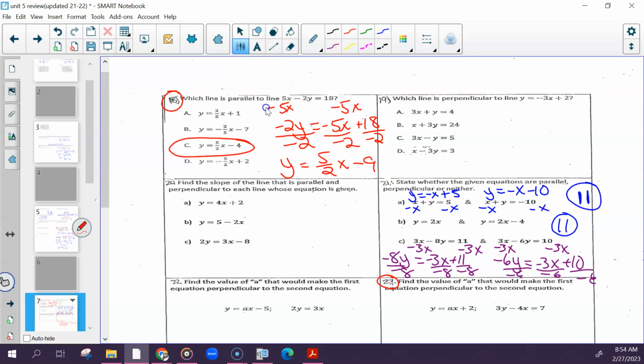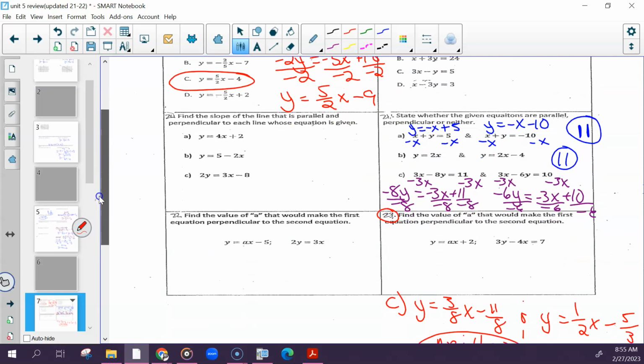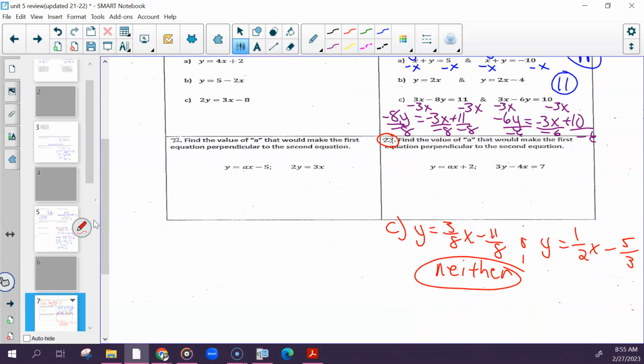Right? And then 23 makes you think a little bit. You have to solve the second equation. This is switched, so get rid of the 4x. You have 4x plus 7.